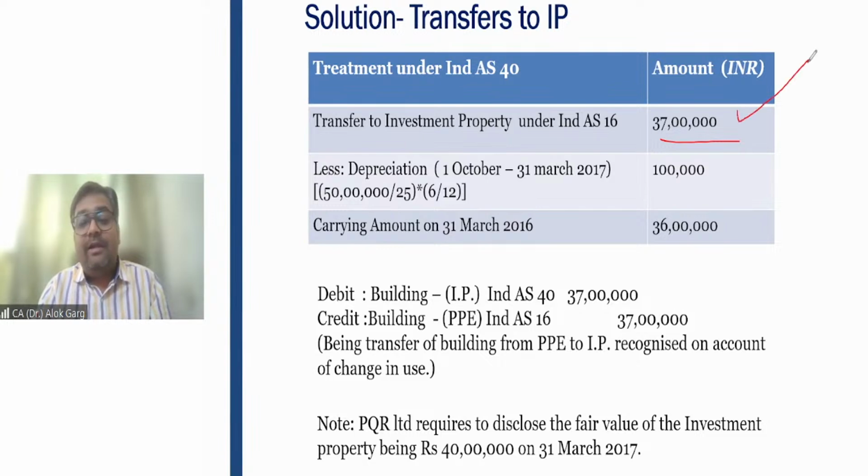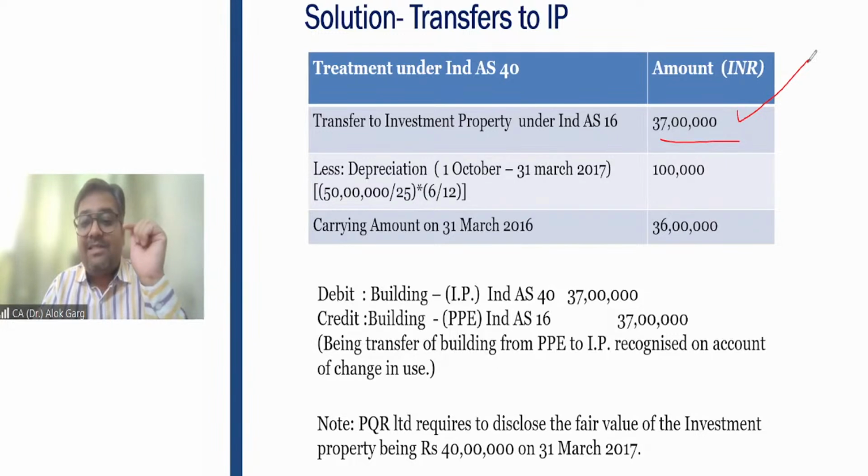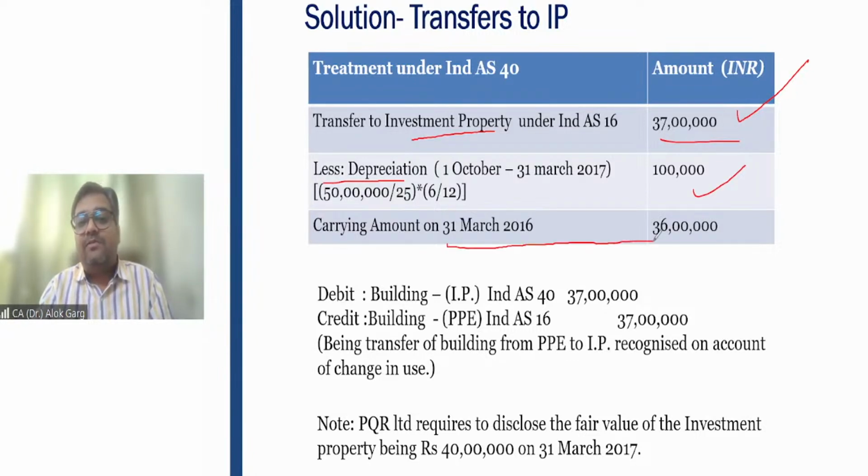On 1st October. Now this question talks about your 31st March 17 books, that how it will be reflected on 31st March 17. Now when it becomes an investment property, you have to again charge a depreciation. It is a building, not a flat. So depreciation for 1st October to 31st March, right? 1 lakh rupees. So carrying amount as on 31st March 2016 is 36 lakh rupees.